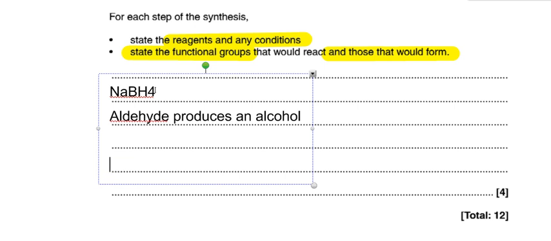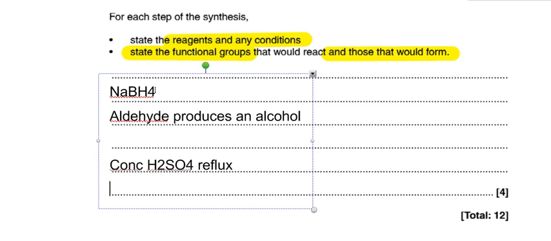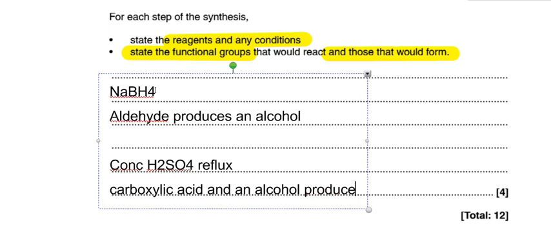Our condition for esterification is conc H2SO4 and reflux. Then to finish off, I just need to state again the functional groups. So I've got a carboxylic acid and alcohol produce ester.